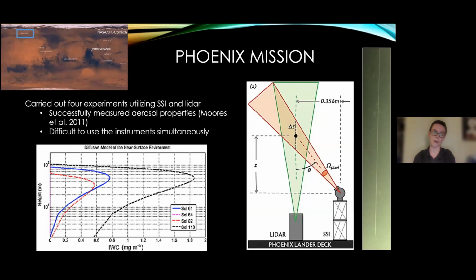My supervisor was able to carry out 4 experiments utilizing their camera, the SSI, and the lidar to measure aerosol properties. However, it's difficult to use these instruments simultaneously as they aren't together. The SSI has a small field of view, so you have to really focus to get the lidar in the image. I have a nice GIF here where you can see the twinkling of the aerosols within the lidar itself, and that's what we're trying to mimic with MAPLE.